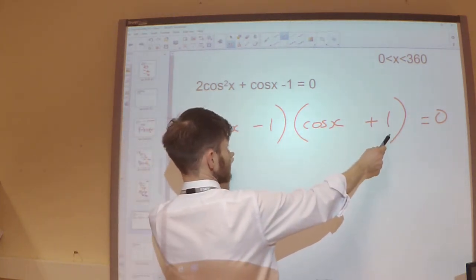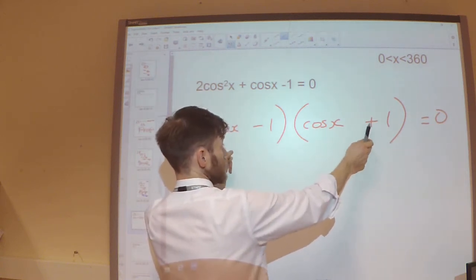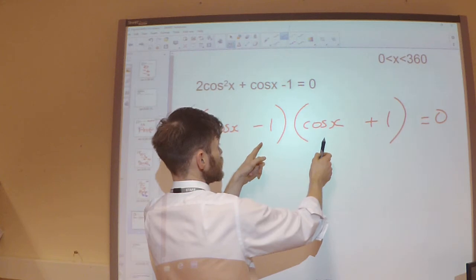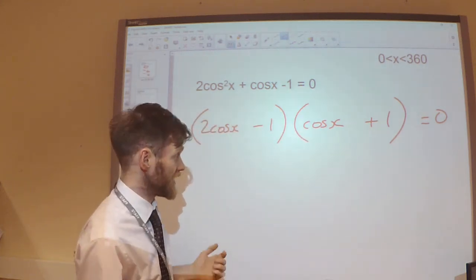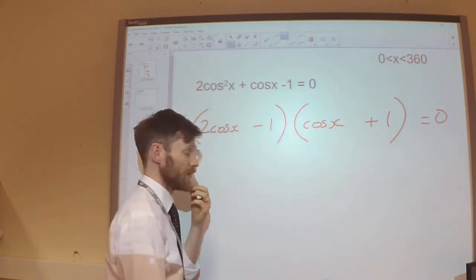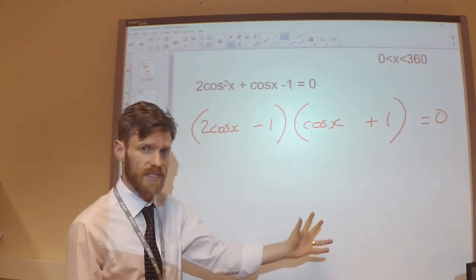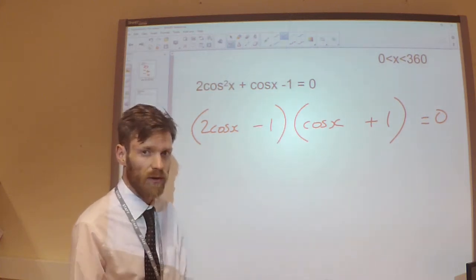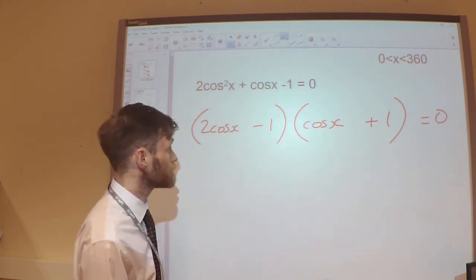I've got my plus 2 cos x minus cos x gives me my plus cos x, so that's okay, and my minus 1 times the 1 gives me the minus 1, so that's okay. I could have gone through a longer process of factorising that, but we spent so long factorising. Hopefully that's pretty clear for you.